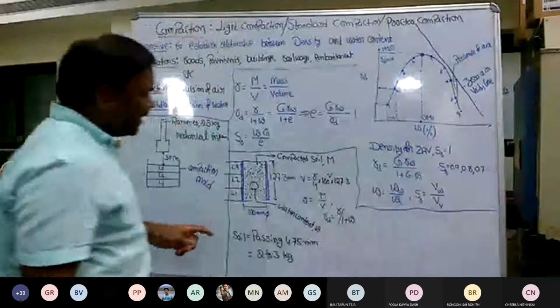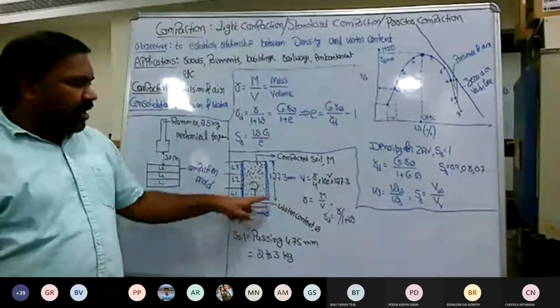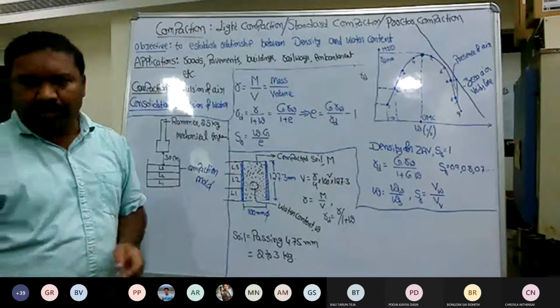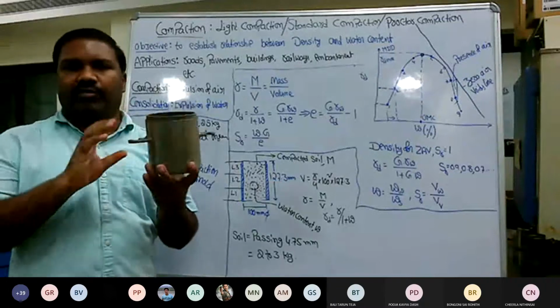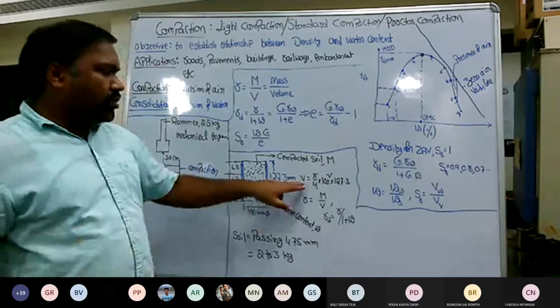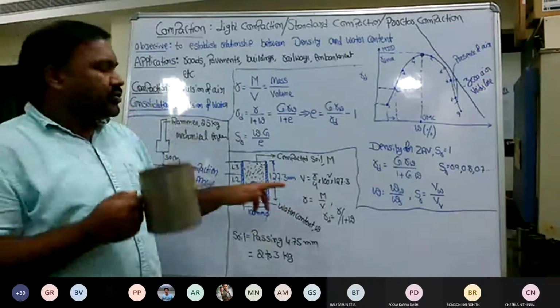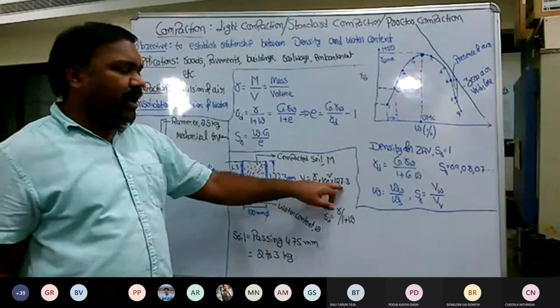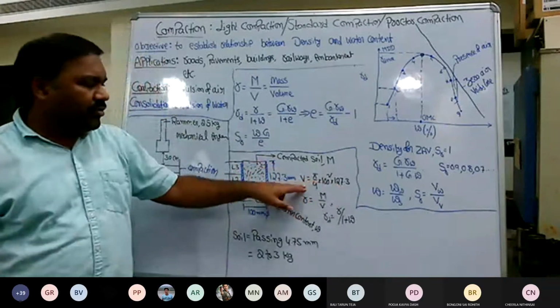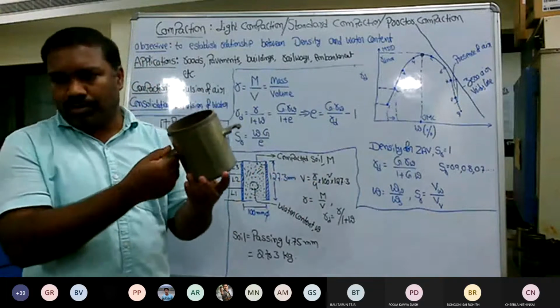Once I say that my mold has a constant geometry of 100 millimeter diameter and 127.3 millimeter height, that means I am fixing the volume of the mold. So how do you calculate the volume of the mold? This is cylindrical, therefore pi by 4 into d square into height. This will give you the volume of the mold.